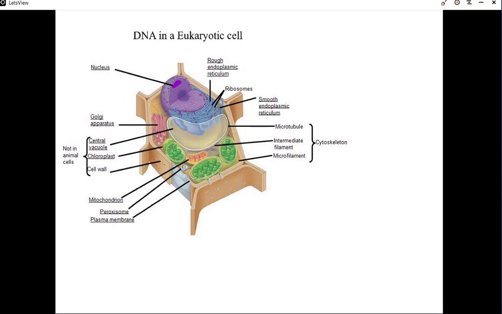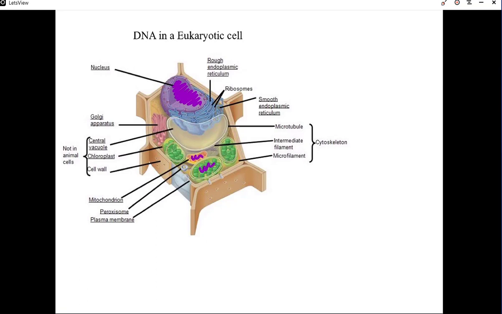So where would DNA be located? Most of it is going to be in the nucleus, but you might also have a little bit in the mitochondria and the chloroplasts. Now I drew squiggly lines, but please note that the mitochondria and chloroplast DNA is not linear. It's actually circular, like prokaryotic DNA.